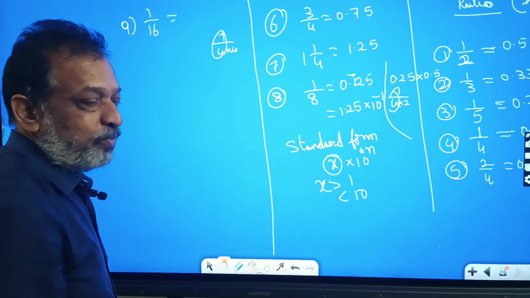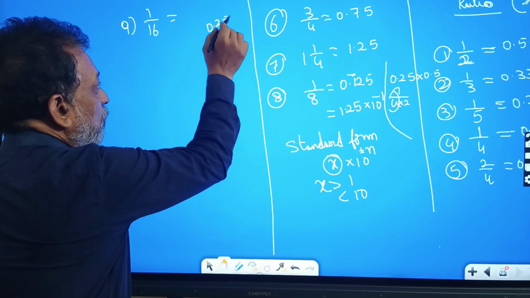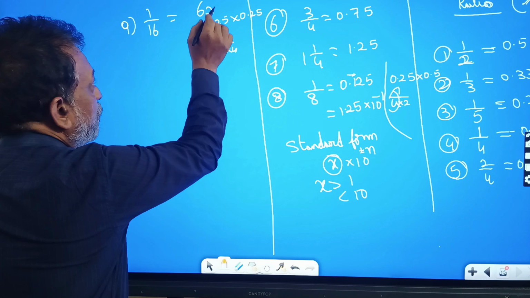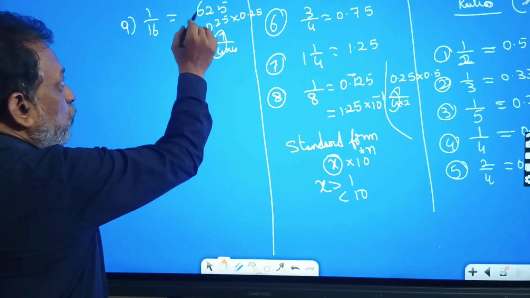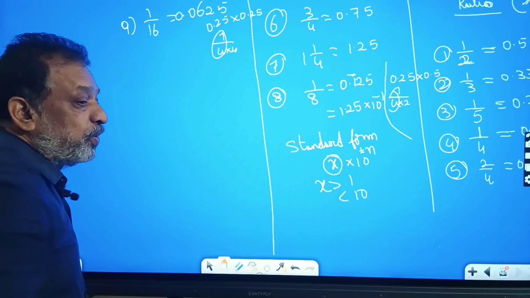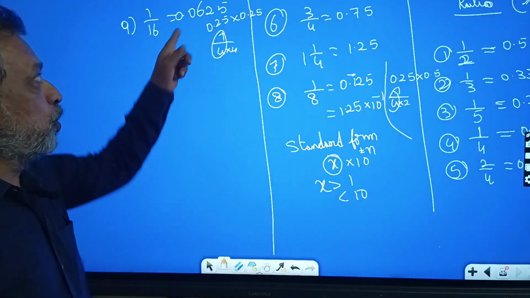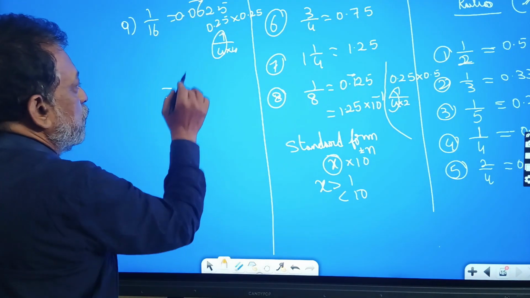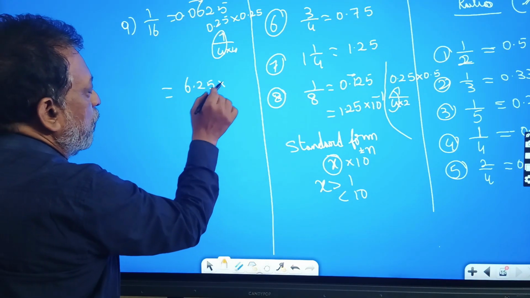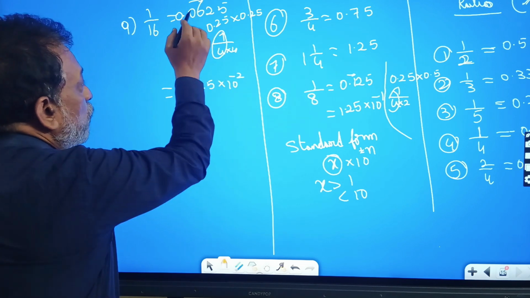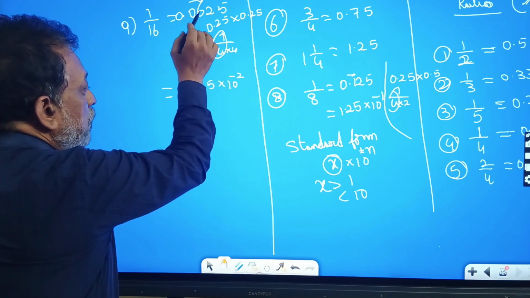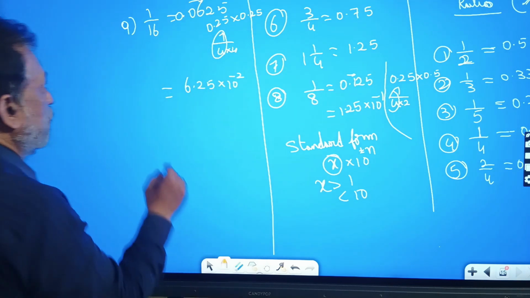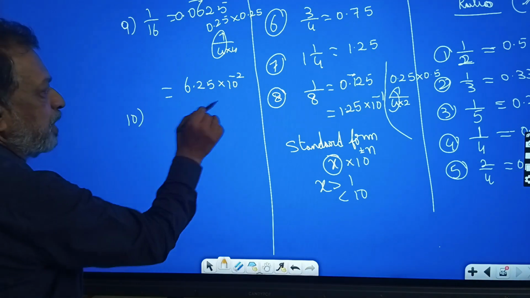So 1 by 4 is 0.25 and another 1 by 4 is 0.25. 25 square is 625, with 4 decimal places, so 1 by 16 is 0.0625, or in standard form 6.25 into 10 to the power of minus 2, because you are moving 2 decimal places. First continue this one. So this is the standard form you have to write.